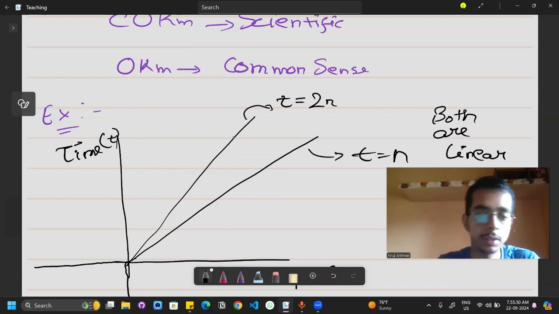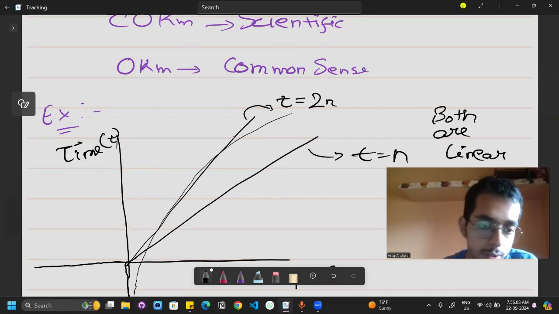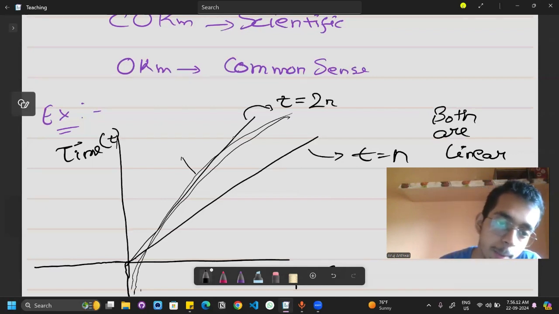Now let's say I drew another graph. Let's say one graph is this. I'm not making exact graphs. And another graph is just below it.